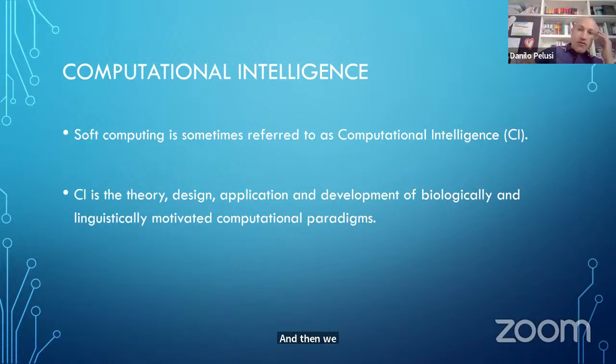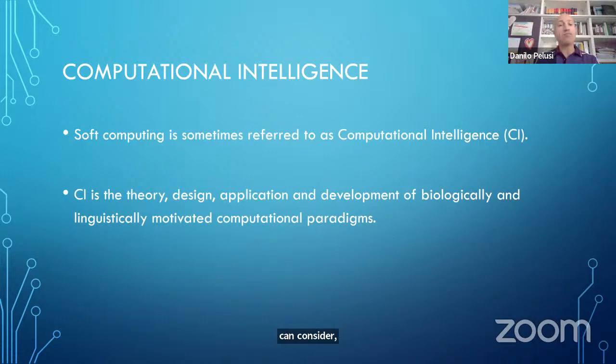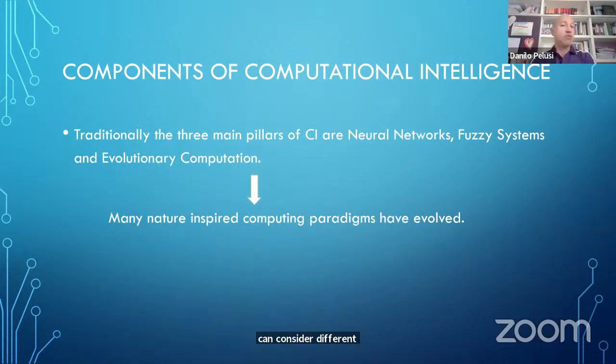In other terms, this kind of computation is very useful where we have problems with high complexity, and we can consider different computational intelligence techniques. The well-known computational intelligence techniques are neural networks, fuzzy systems, and evolutionary computation.